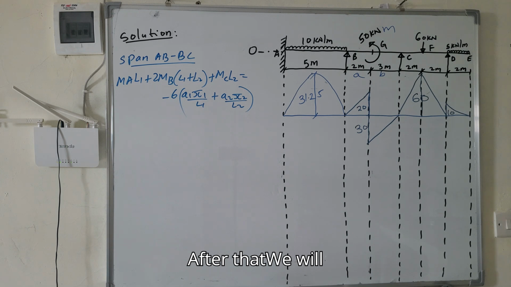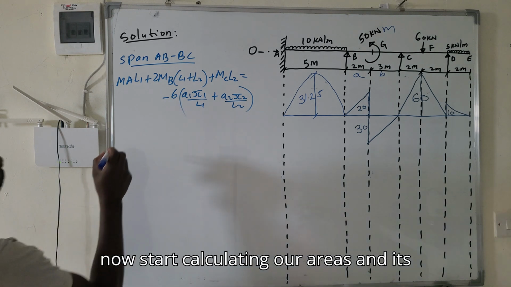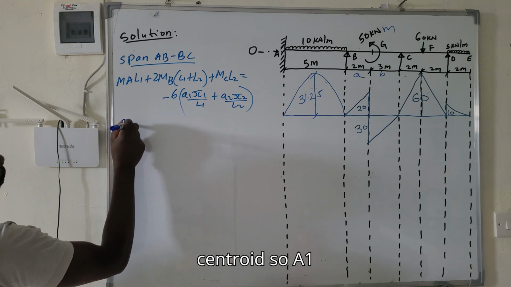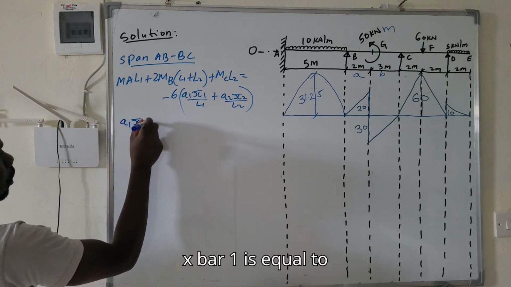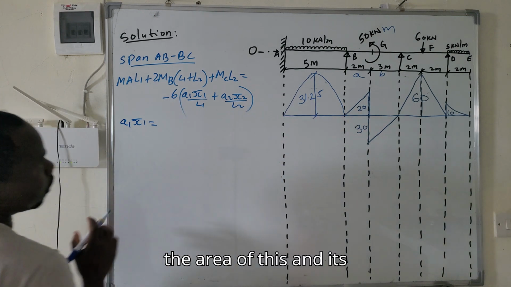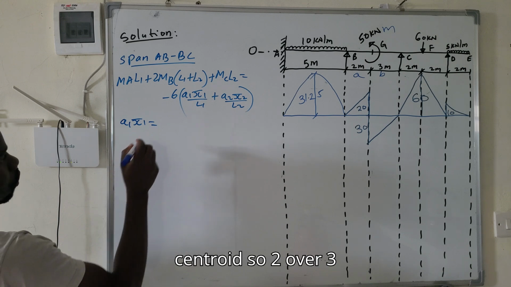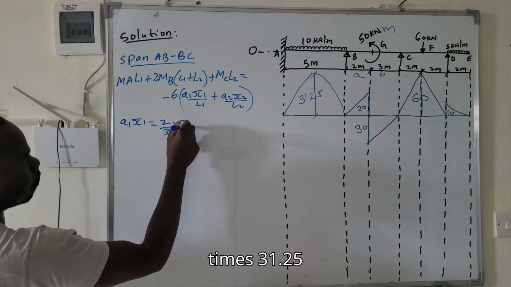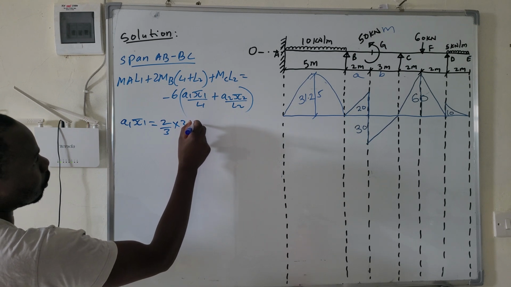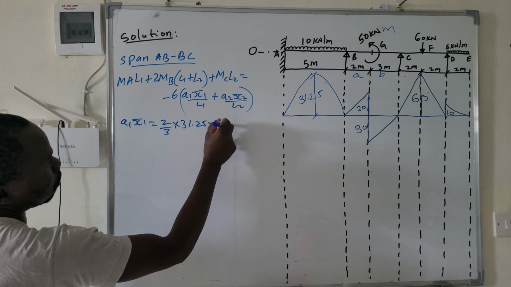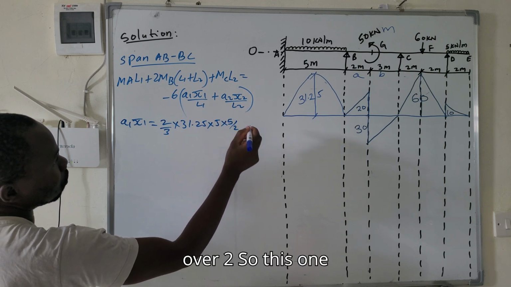After that, we will now start calculating our areas and its centroid. So A1 x bar 1 is equal to the area of this and its centroid. So 2 over 3 times 31.25 times 5 times 5 over 2.